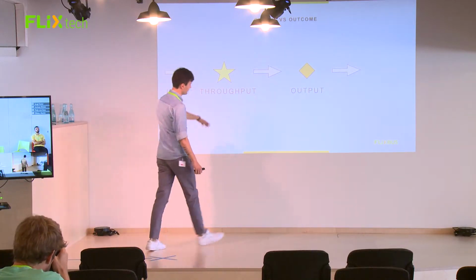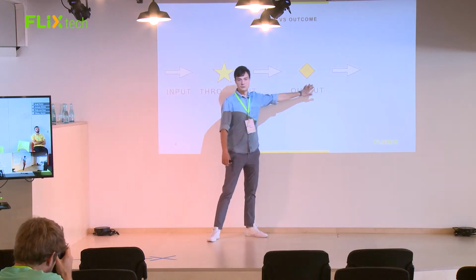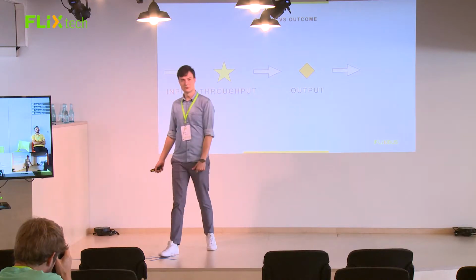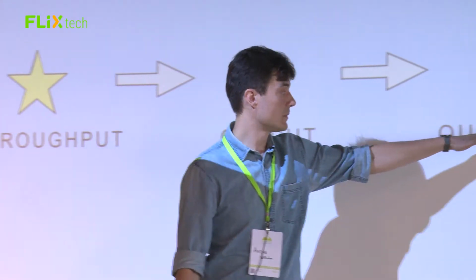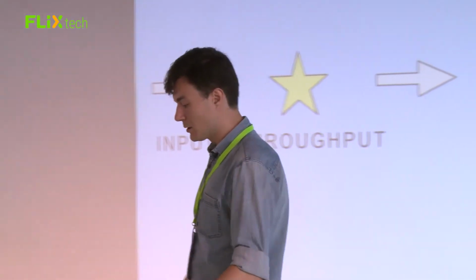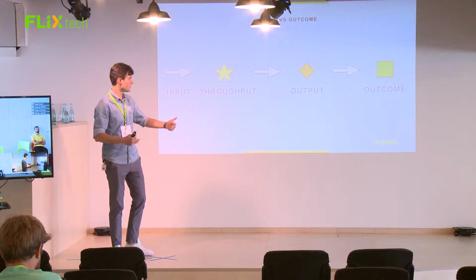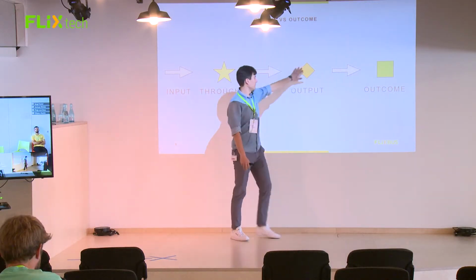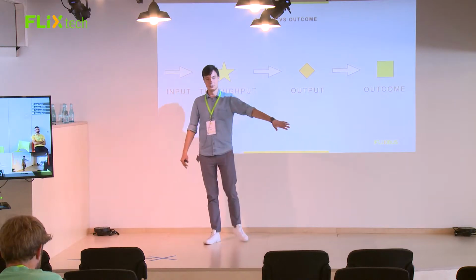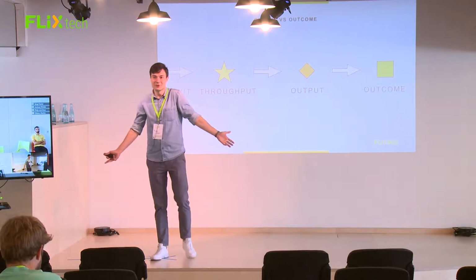And you have an output, and this would be a feature, for example, okay? And after that you have an outcome. So the outcome is what happens after the output. This is what you really try to achieve, because you can have a lot of output but not much outcome.